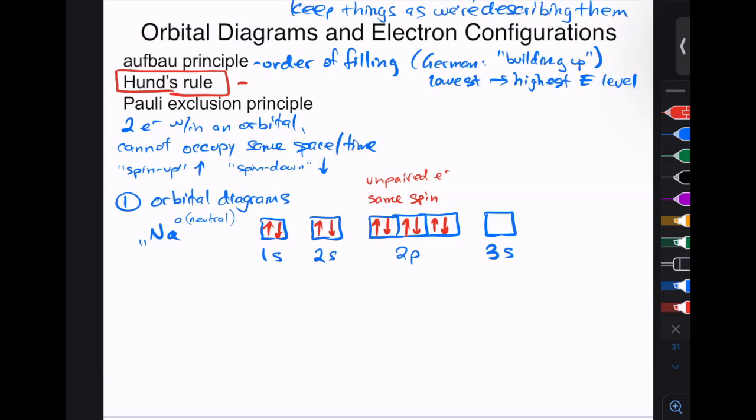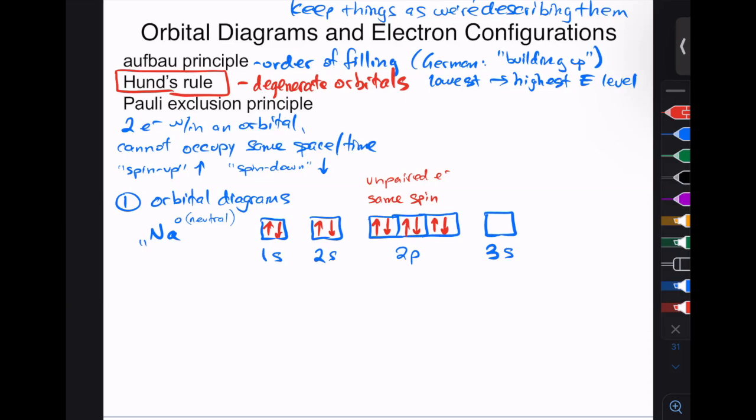When we have degenerate orbitals, and in this case, the degenerate orbitals are the 3p sublevel orbitals, but we'd have the same thing if we were working with the 5d sublevel orbitals, and so on.